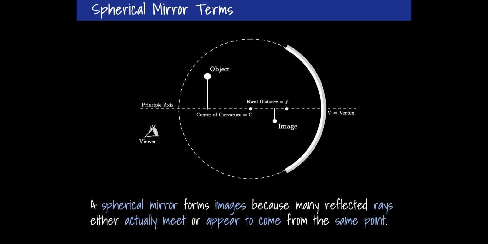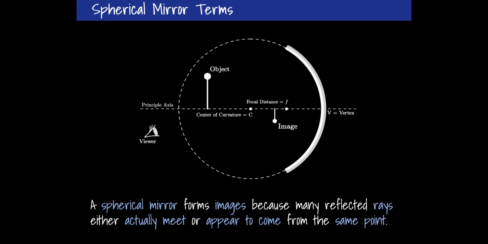So some terminology here. There is a dotted line that is drawn here from left to right that goes straight through the center of my curved mirror, my spherical mirror. It's called the principal axis, not only for spherical mirrors, but in all of the discipline of optics.